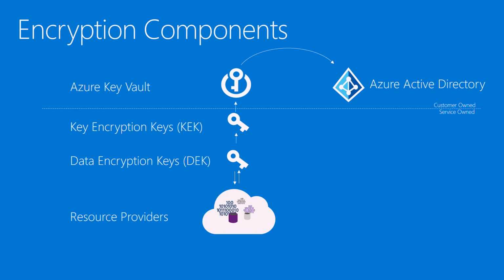In the model where the key is managed in the customer key vault, you have your key vaults, which are governed by Active Directory for access management and control. In a world where keys are managed by the service, then usually it's going to terminate here, and we have other ways to store the root key used to encrypt the data. So that's the very high-level view of how the architecture works.